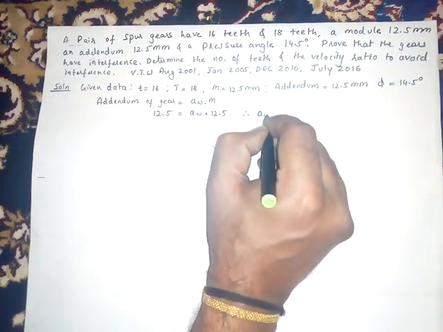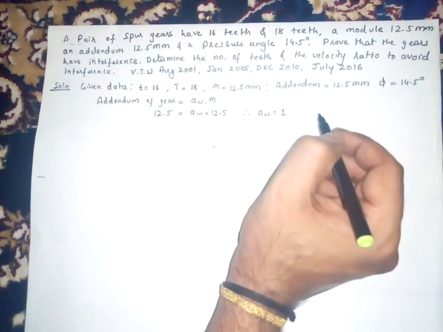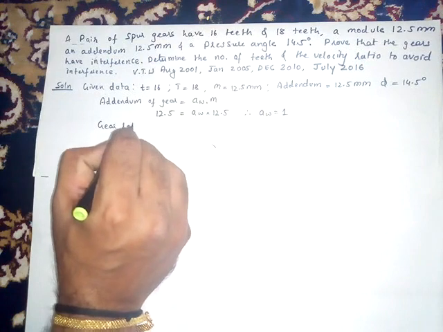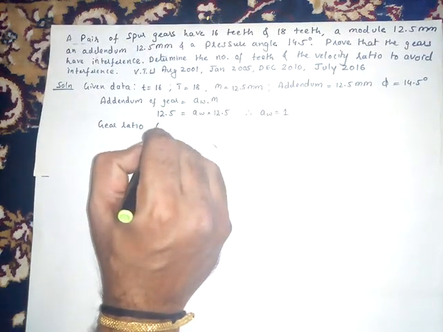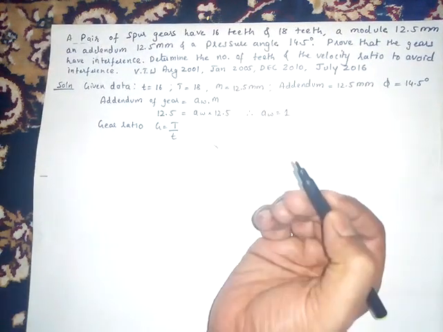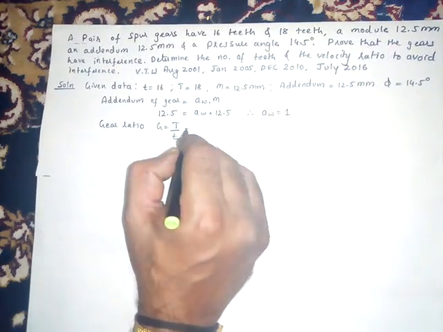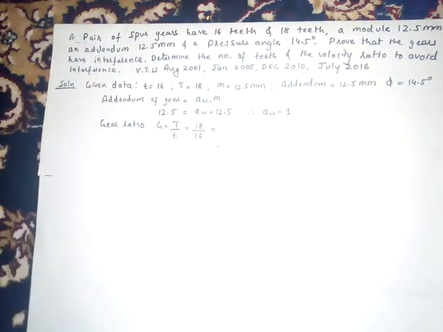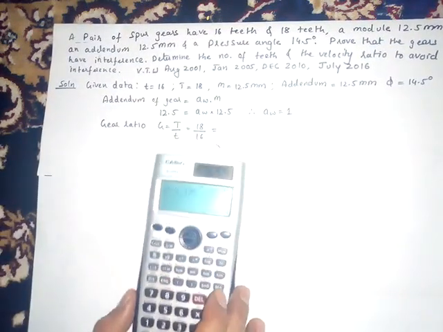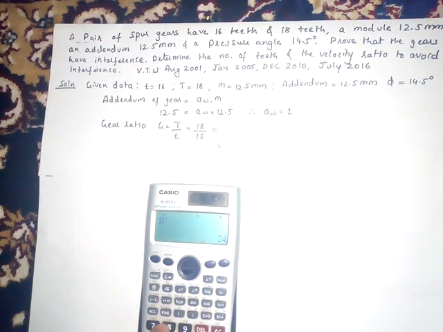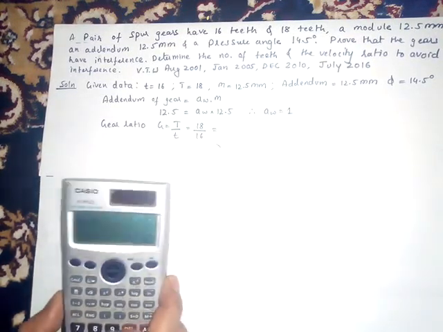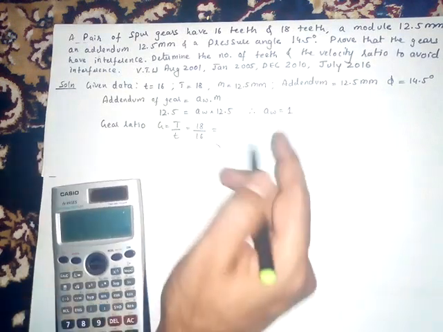Therefore constant A equal to 1. We also know that gear ratio G is given by capital T by small t. So capital T is 18 divided by small t is 16. So if I take 18 divided by 16, it is 1.125.